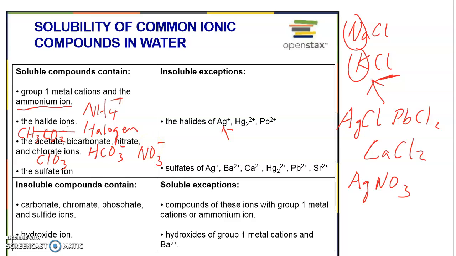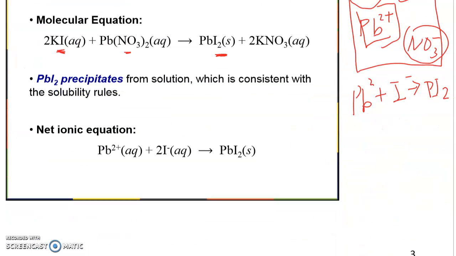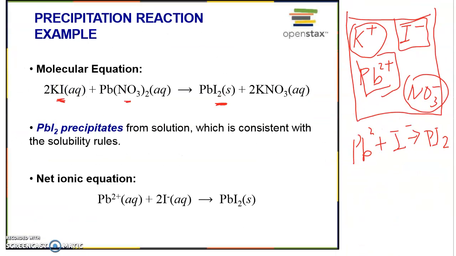But over here, there's lead. That means this one, PbI2, will be not soluble. It will be insoluble because it's in this list. And if we isolate this one, it's called the net ionic equation.